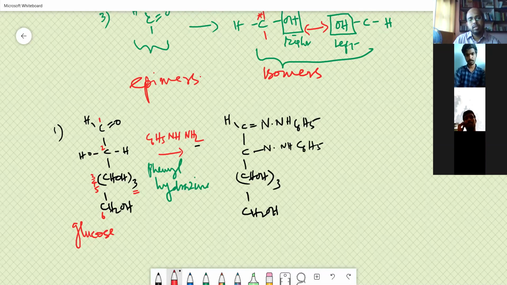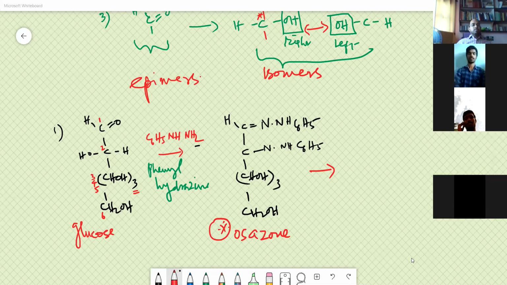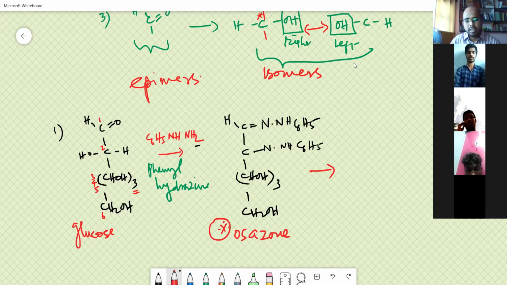So this we call an osazone. This is very important, you have to remember this every time you come across it. The osazone reaction is the formation of the C6H5NH groups when you react with 2 molecules of C6H5NHNH2. Then this reaction is further followed by hydrolysis, with H2O or H plus.